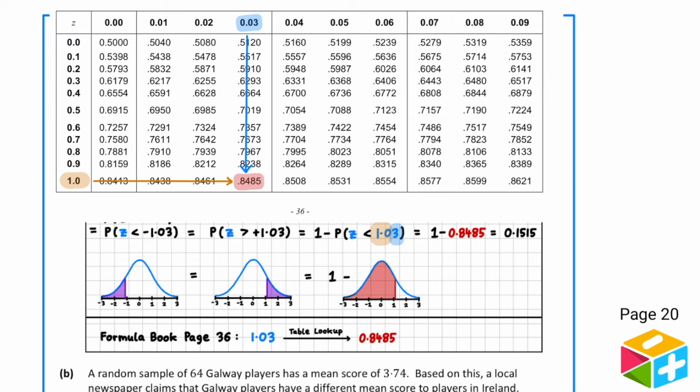This tells us the area of the red region. But remember, we wanted the purple region, which was 1 minus the red region. So the final answer here will be 1 minus 0.8485, which comes out as 0.1515.